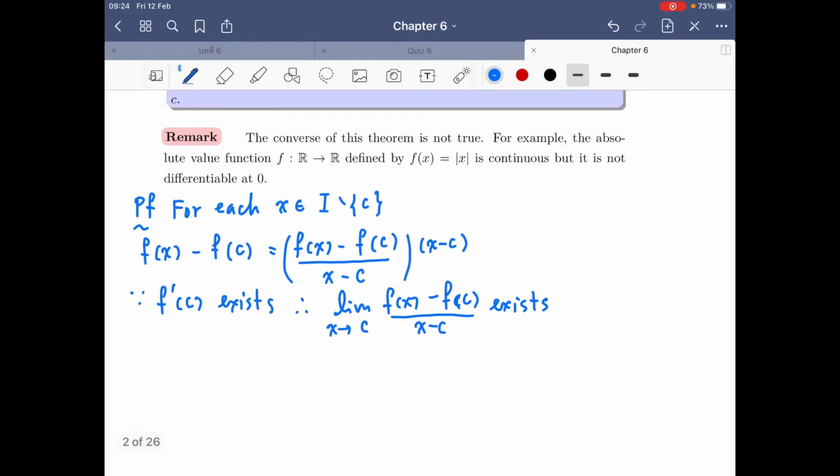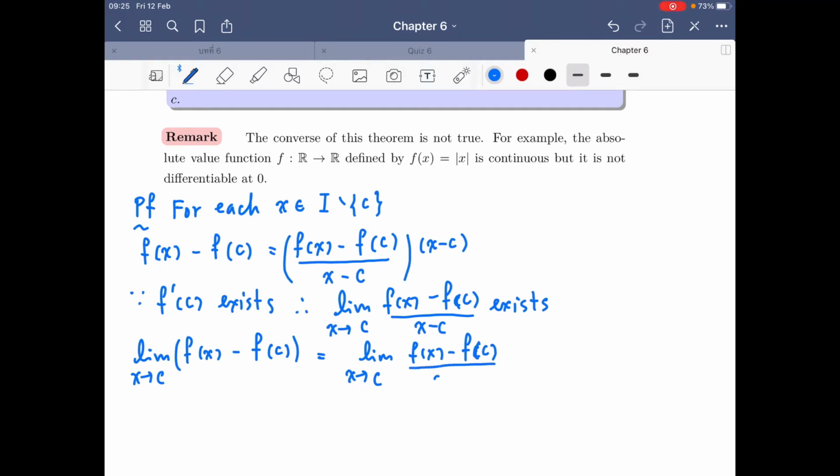You can just insert the limit on both sides. It will equal the limit of this quotient times the limit of this polynomial.